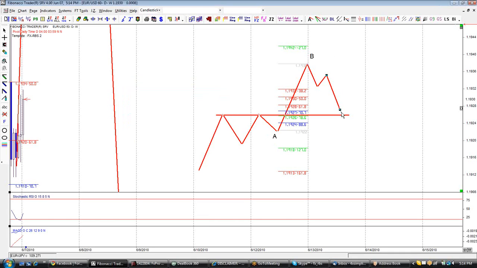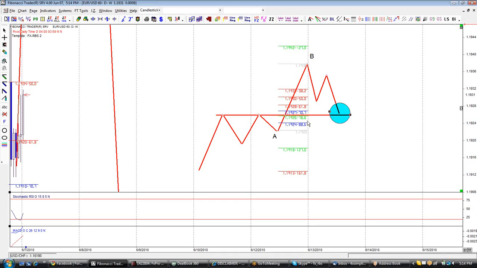Now, if I want to be getting long, most likely I will be looking for an entry somewhere here around the 786, because this 786 first is a fib level, and second, it's converging with this previous resistance now becoming support, and this now becomes my buy level.